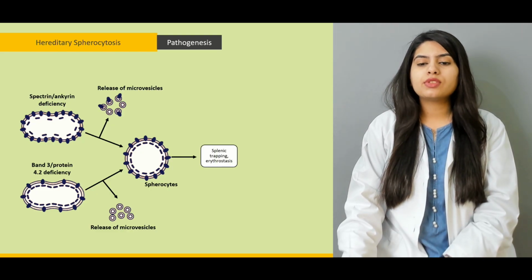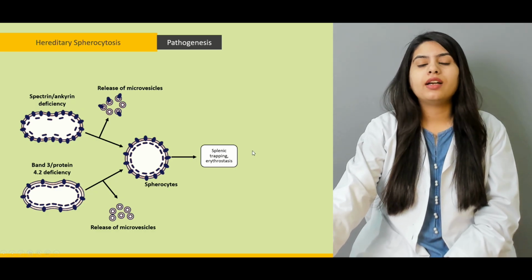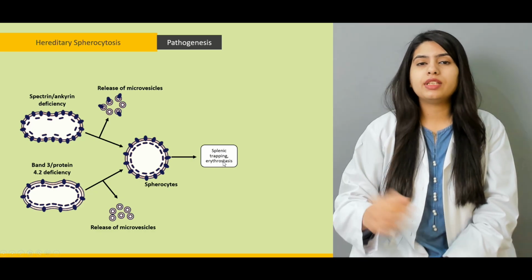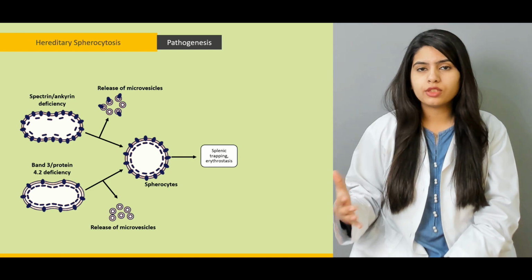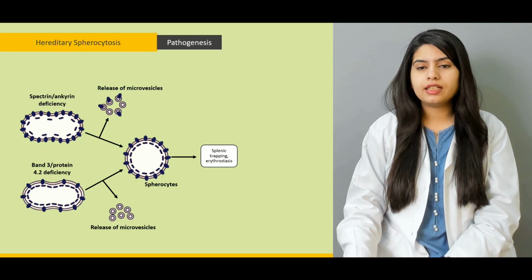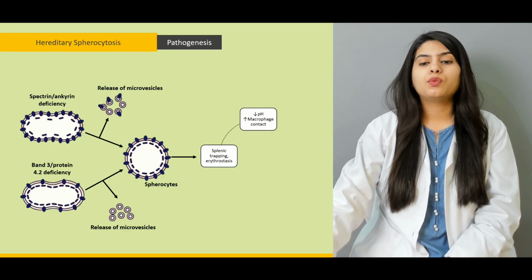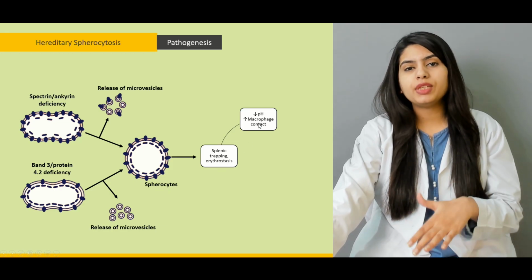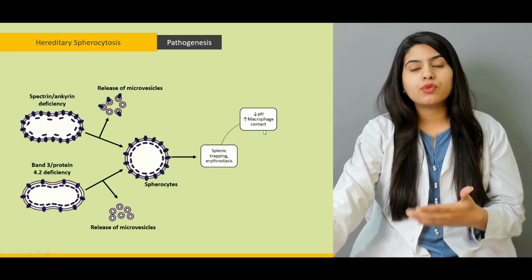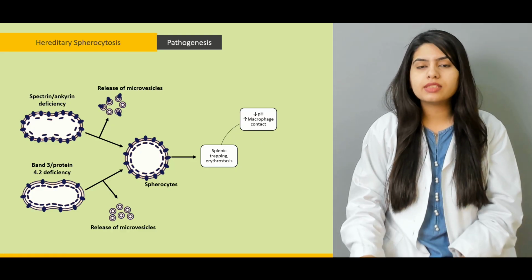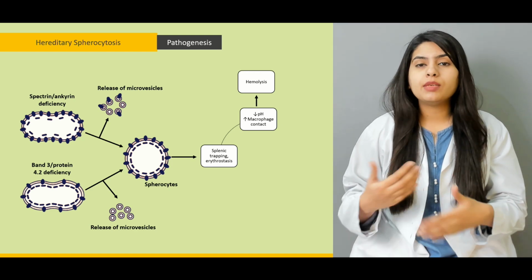These spherocytes are abnormally shaped cells, so they will undergo splenic trapping and erythrophagocytosis. They cannot flow in the normal circulation, and they will be destroyed earlier in their lifespan. What will be the result of this splenic trapping? There will be decreased pH and increased macrophage contact. When macrophage contact increases, it increases the hemolysis of the cell.